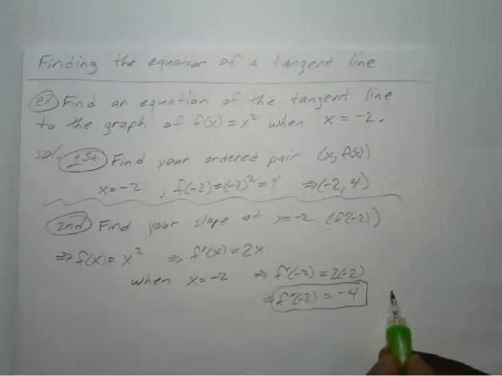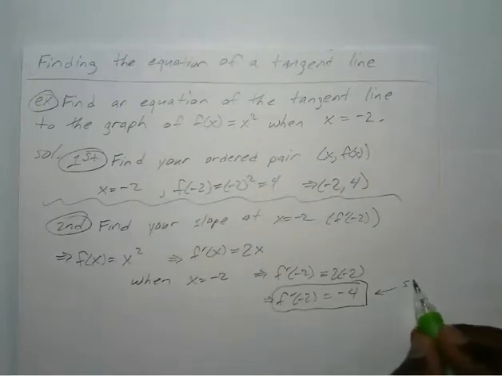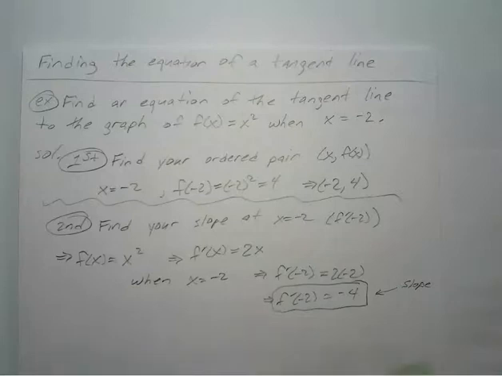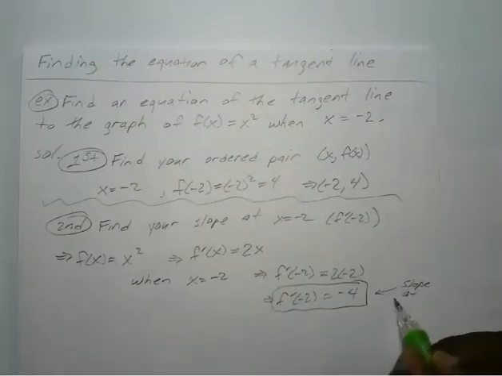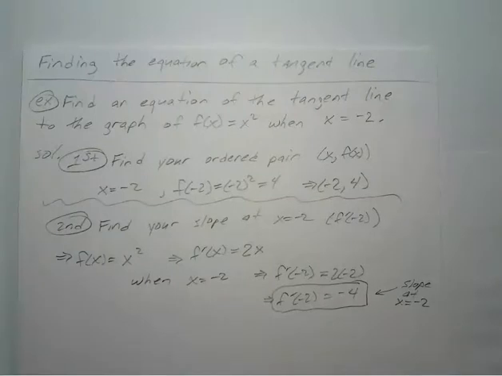Because this is our slope of the tangent at x equals -2. All right, so from there, what do we do?